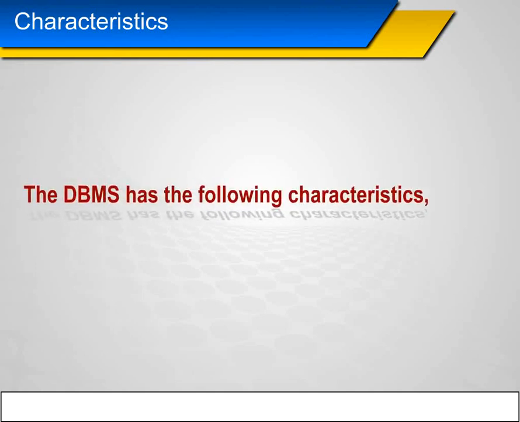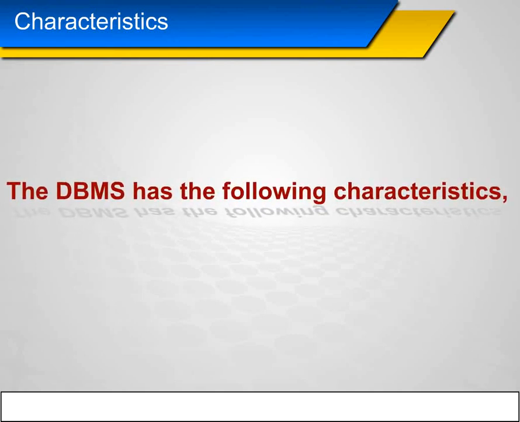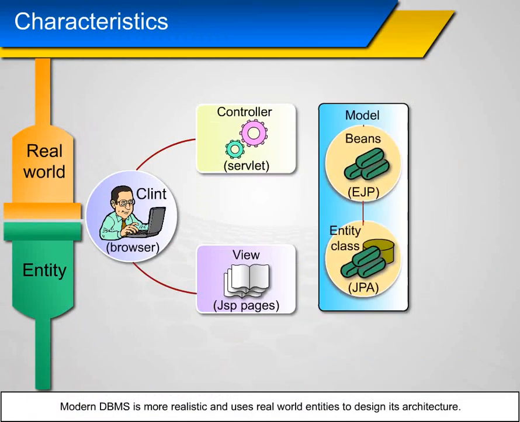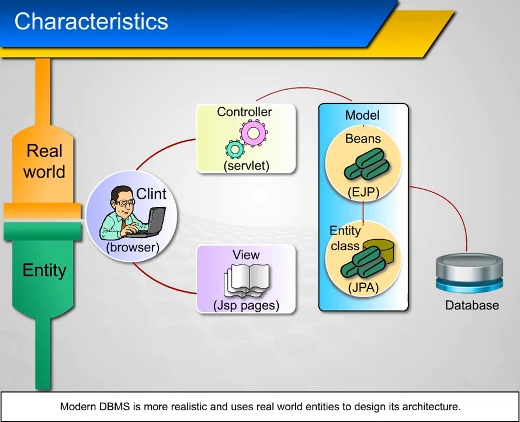Characteristics. The DBMS has the following characteristics. Modern DBMS is more realistic and uses real-world entities to design its architecture. Real-world entities use behaviors and attributes too.